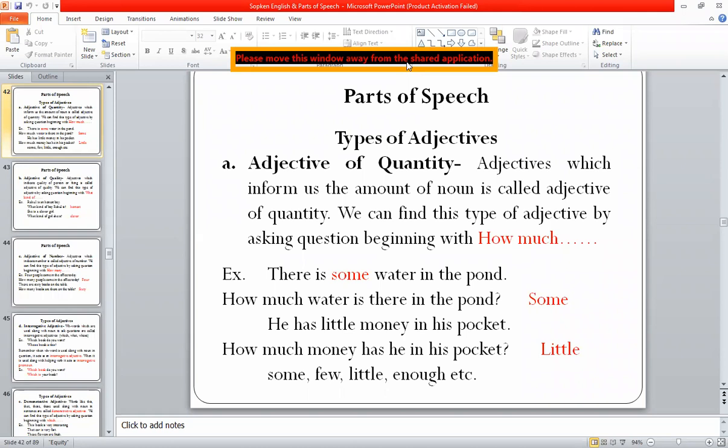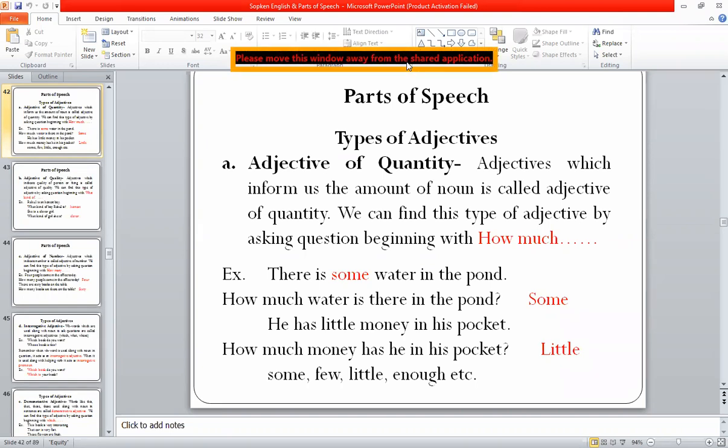Here in this example, little is the word which is showing the amount of money. Money is a noun and little is showing how much of the noun, that is money, is there in his pocket. So little here is called an adjective of quantity.